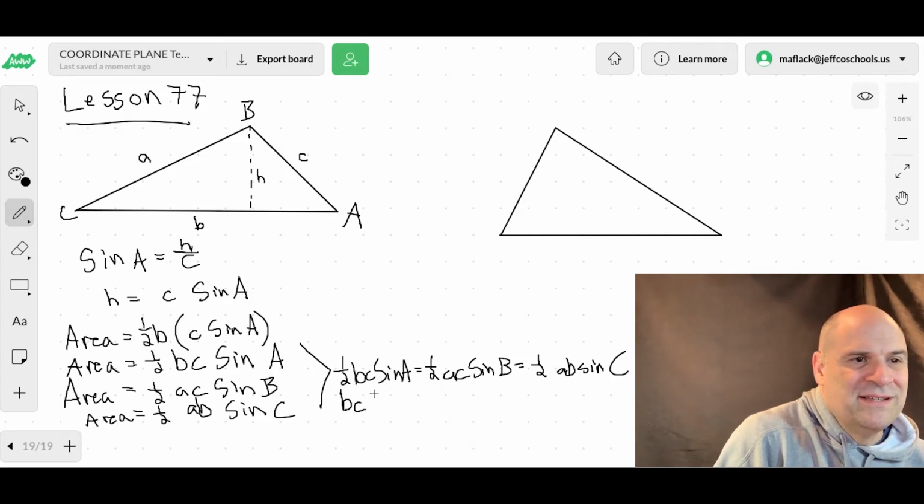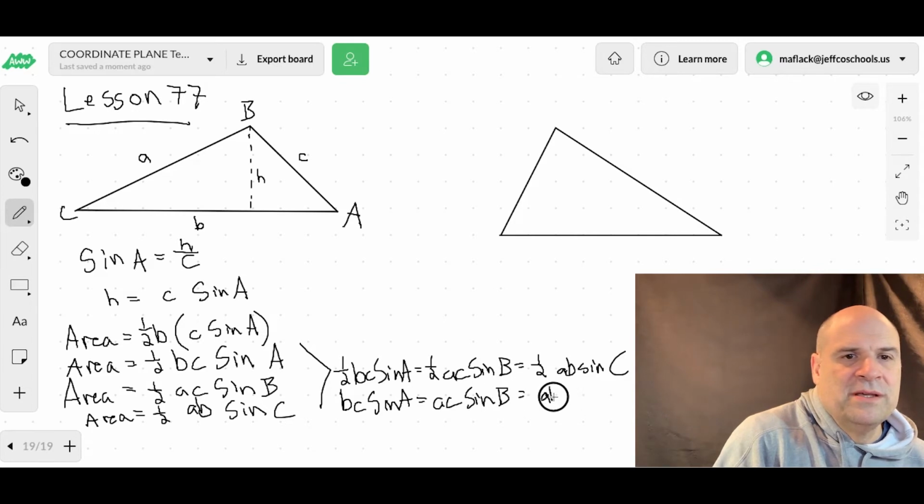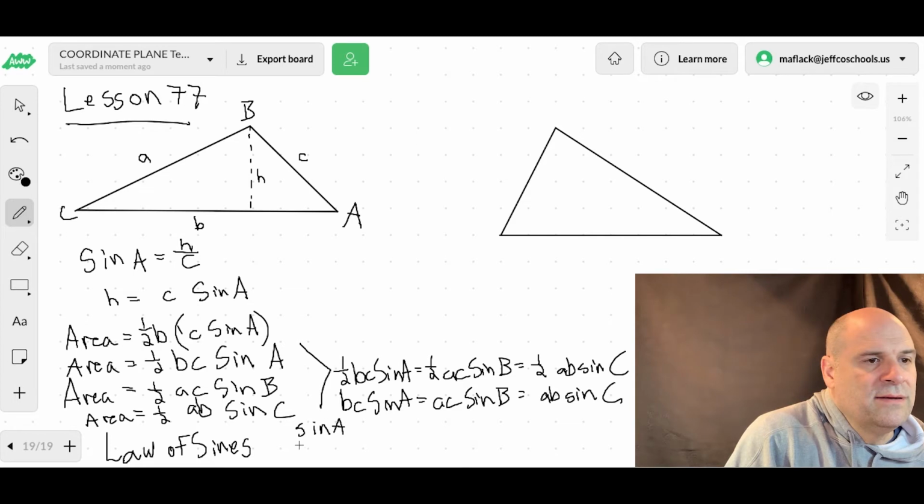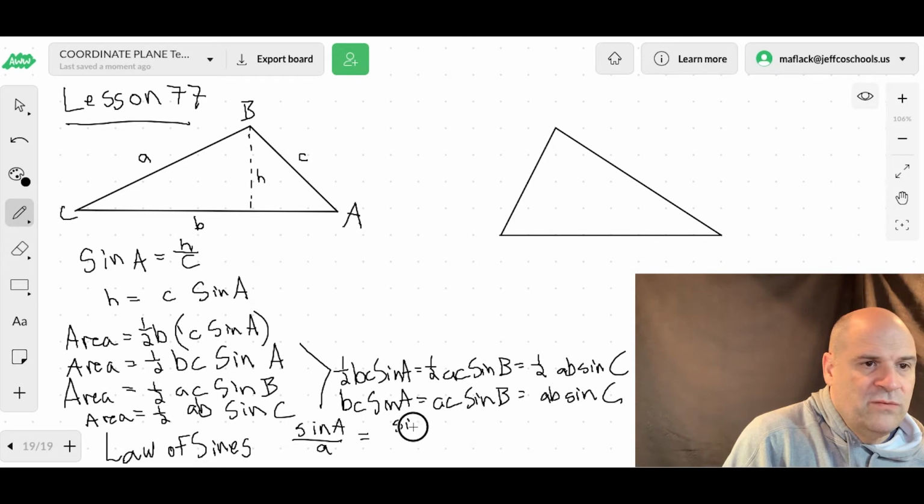So BC sine of A equals AC sine of B equals AB sine of C. So this equation can all be written like this, and this is where we get the law of sines. Sine of A over a equals sine of B over b equals sine of C over c.